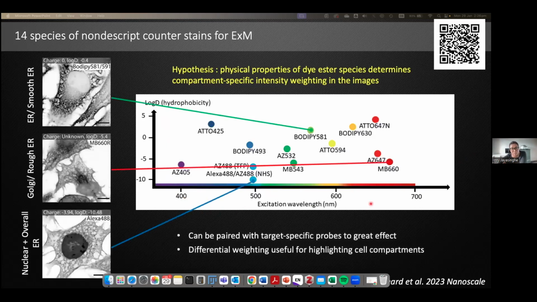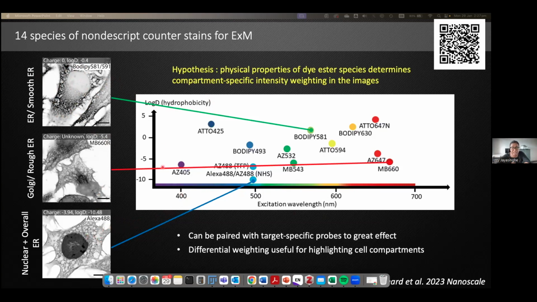And one of the broad observations that we made, and we struggled to nail this down as a rule, was that in human HeLa cells and cell lines like RPE1 and HEX cells, hydrophobic dyes tended to label the extremities of a cell and label the nuclear or perinuclear environment less well, while the hydrophilic ones tended to give a very strong overall appearance and a very strong staining of the nucleus.